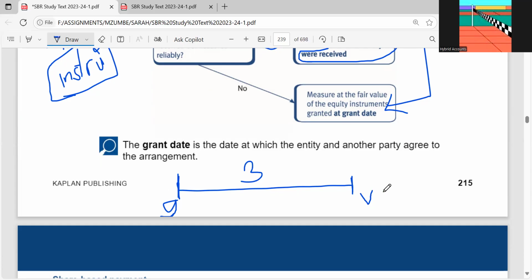So you have the grant date, you have the vesting date, and this one is the vesting period: the period during which employees, for example, could fulfill the condition which would make them eligible to be provided with the share options, right? Yes.